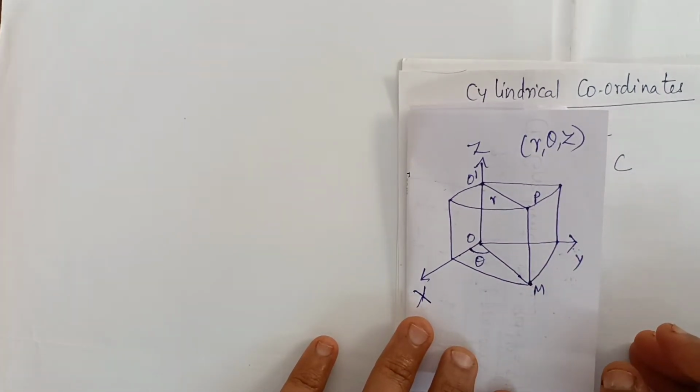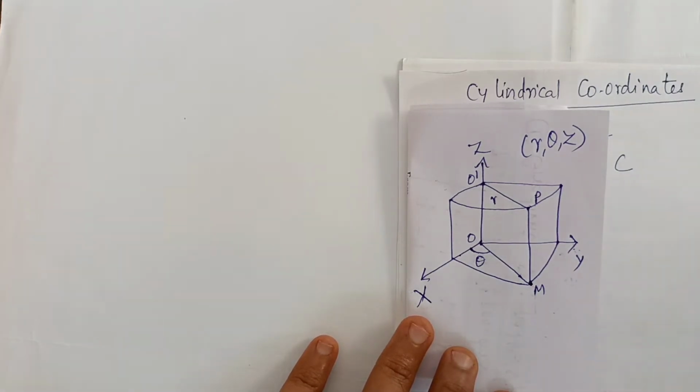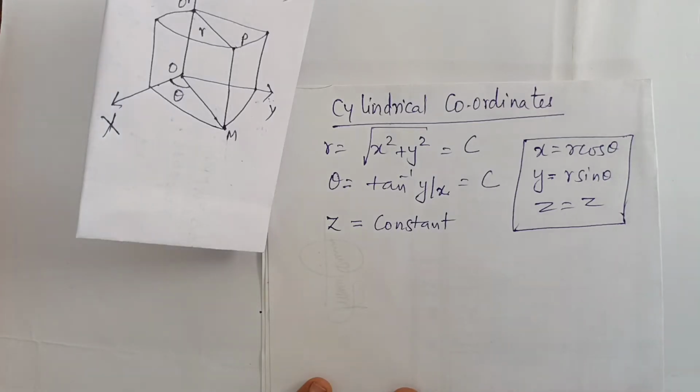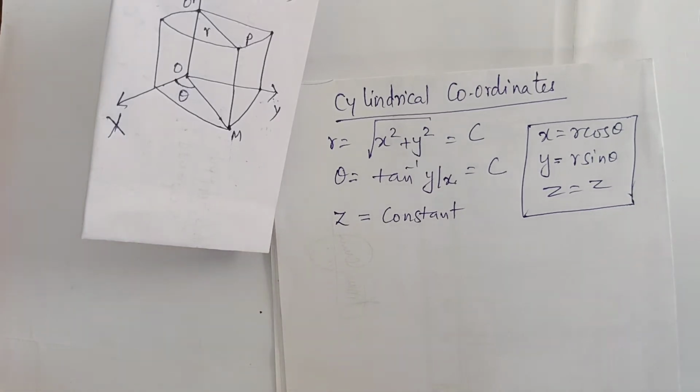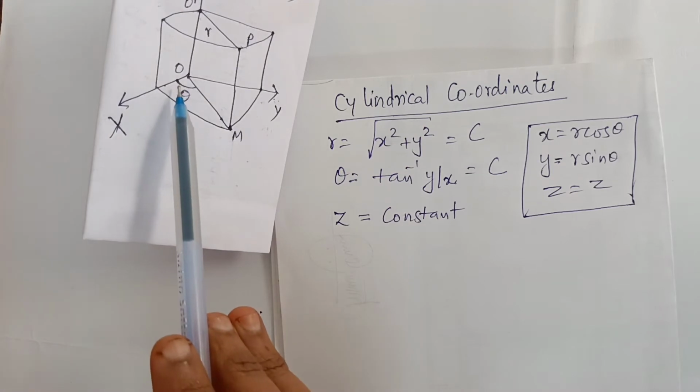Now we can write the transformation between the coordinates x, y, z and the cylindrical coordinates r, theta, z as x is equal to r cos theta, y is equal to r sin theta, and z is equal to z itself. As we have already told, we have right circular cylinders with the z axis as common, which form families of concentric circles about the origin O.